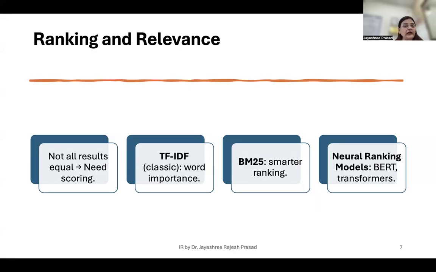Bat could be cricket equipment or a flying mammal. And then there is multilingual search, which is someone searching in Hindi, someone searching in English, and maybe someone in another language. So solving this is what makes information retrieval a challenging and exciting field.